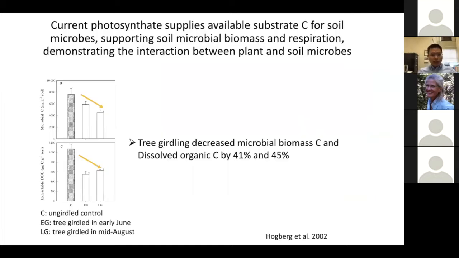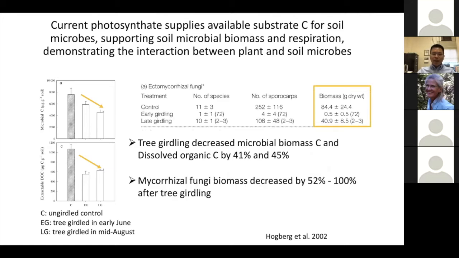A study in boreal forest found that when tree girdling stopped the transport of current photosynthate to the below ground, the soil microbial biomass and the dissolved organic carbon decreased by 41% and 45%. And also the mycorrhizal fungi biomass decreased over 52% after tree cutting.